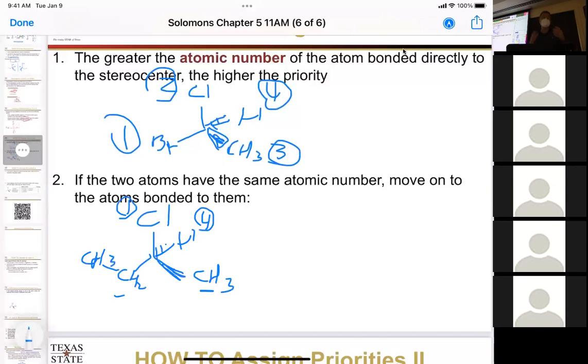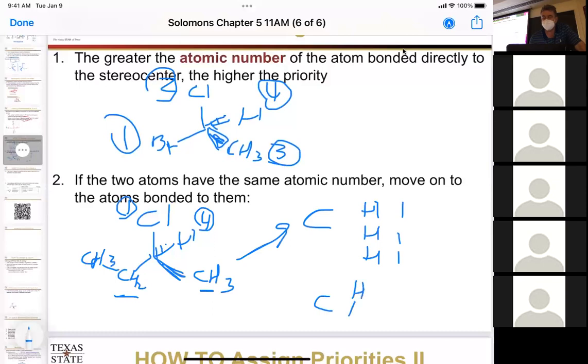We look at what's attached to that carbon. So in this case here, we have a carbon that's attached to a hydrogen, and a hydrogen. Each of these are atomic number 1. This carbon is attached to a hydrogen, and a carbon. So this is a 1, and a 6. Which one's higher priority?